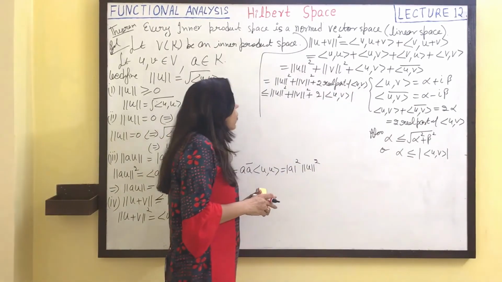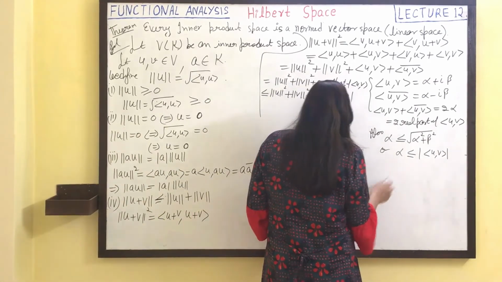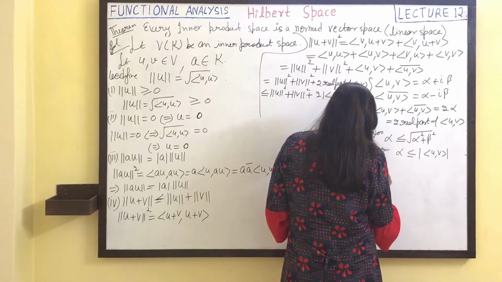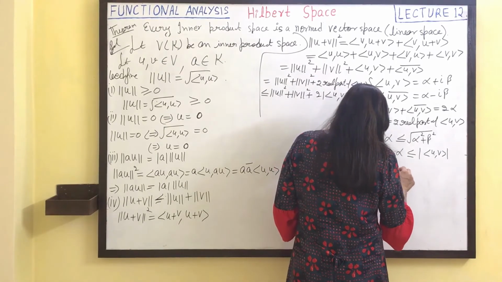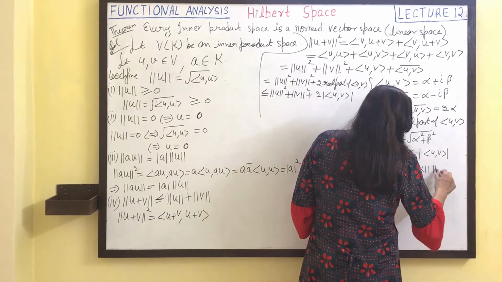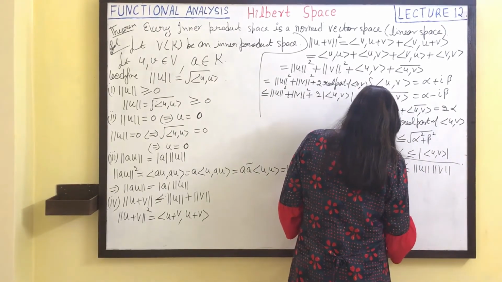Okay, now again we have to use Schwarz inequality, that is less than or equal to norm u multiplied by norm v.